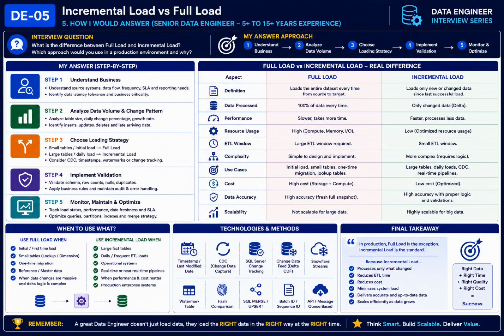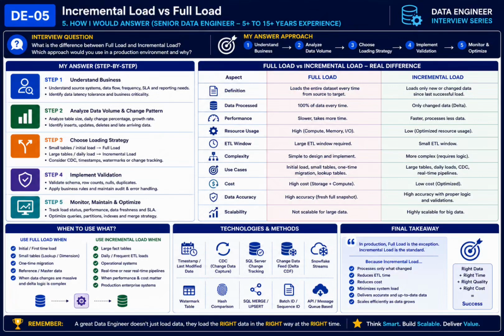However, for large production tables with daily or frequent data changes, we always recommend incremental load. So we implement incremental load using timestamps, watermark columns, CDC, SQL change tracking, or Delta change data feed, depending on the technology stack. We also ensure that every load includes validation, audit logging, error handling, duplicate prevention, and monitoring.